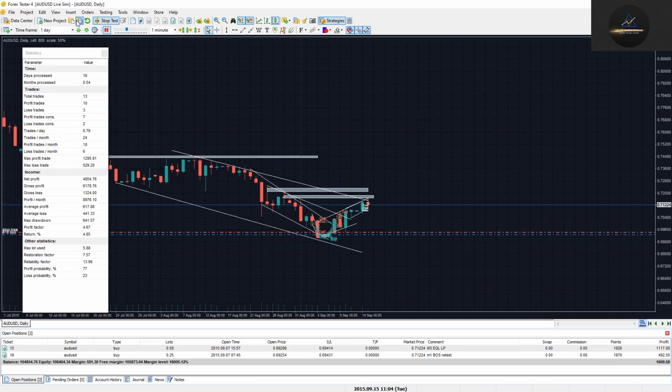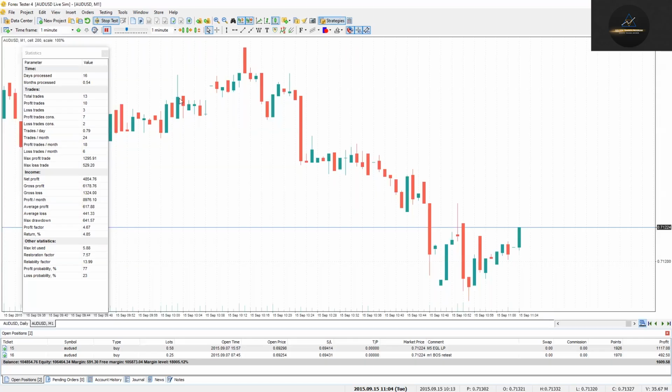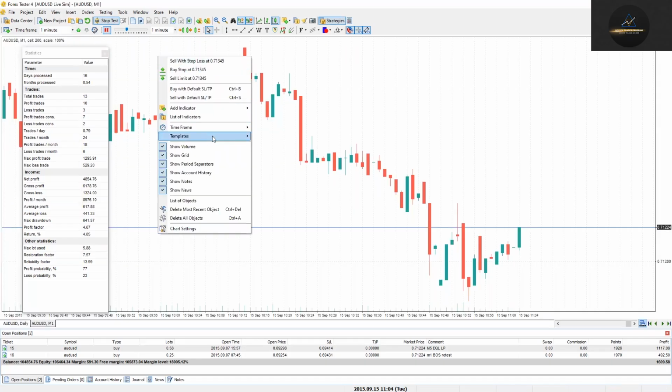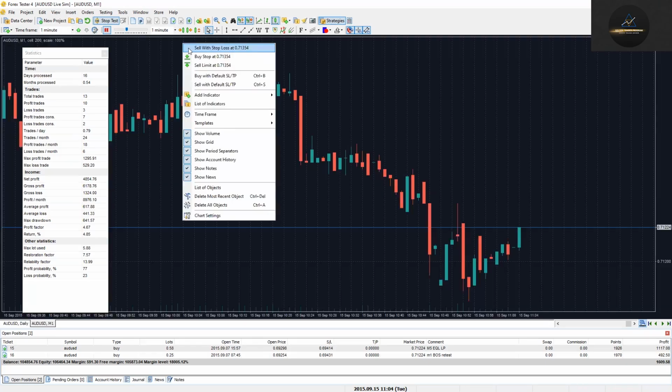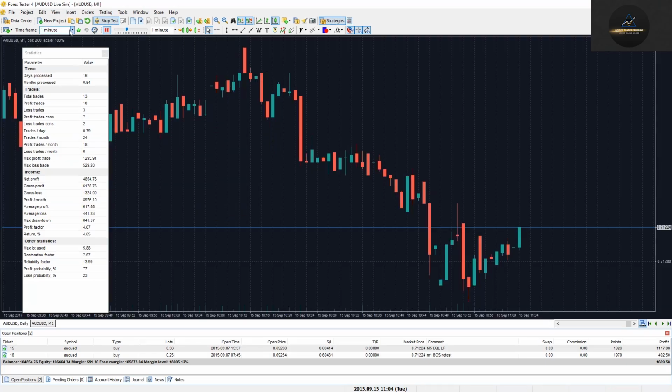Let's see if I can remember where I can open a chart. There's a button somewhere. Oh, here it is. Open new chart. Oh wow, that looks ugly. Templates, dark scheme. All right, fine. I just want to look at the daily.